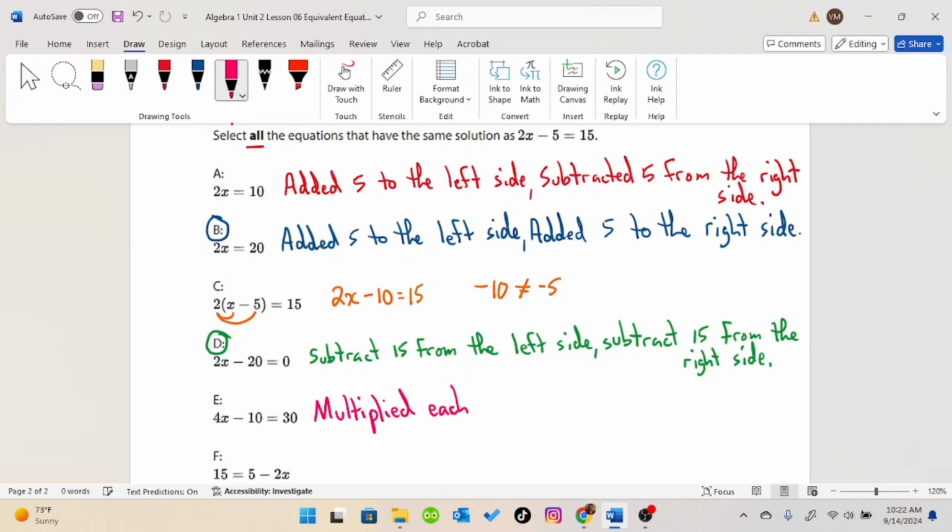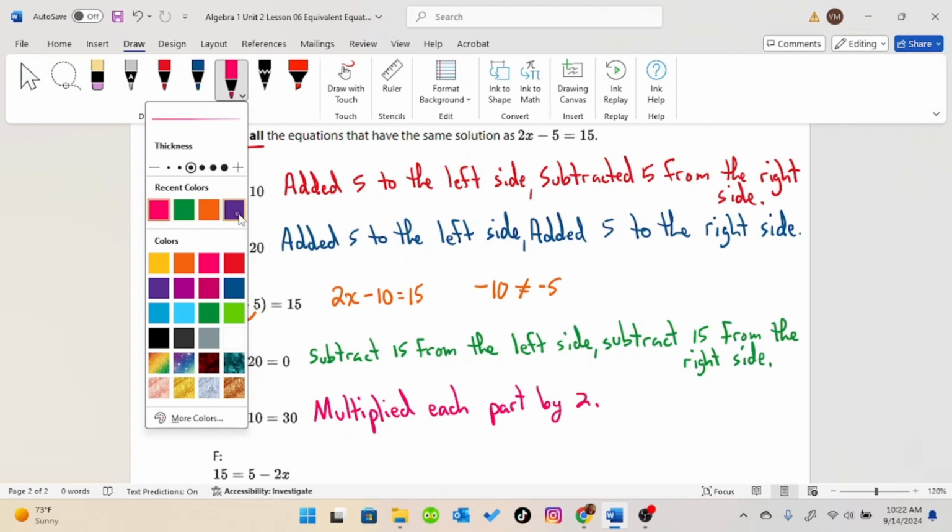They multiplied each part by 2, and since they did the same thing to each part, E is an equivalent equation.